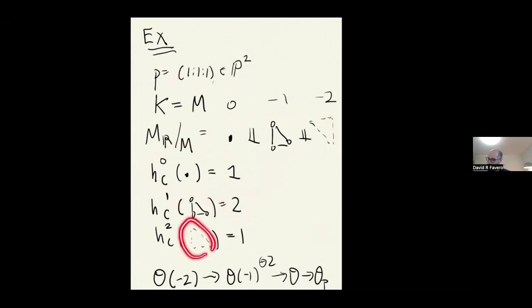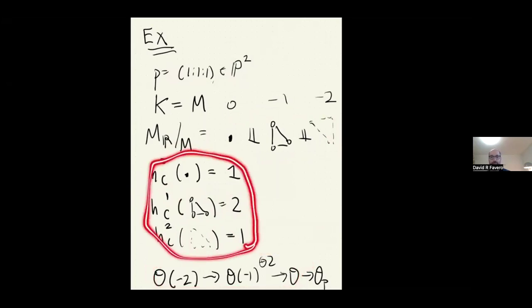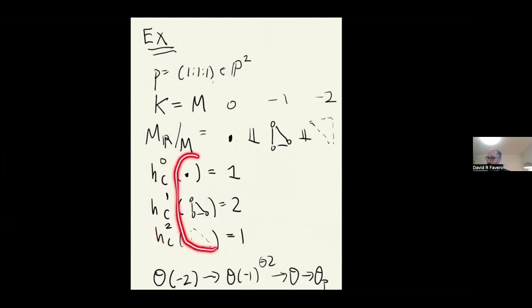And this only has top compactly supported homology. It's 1-dimensional. And so actually, the algebraic Betti numbers of this resolution are actually topological Betti numbers given by compactly supported homologies of these strata. This is just the causal resolution of this plane. Okay, so I stop there.